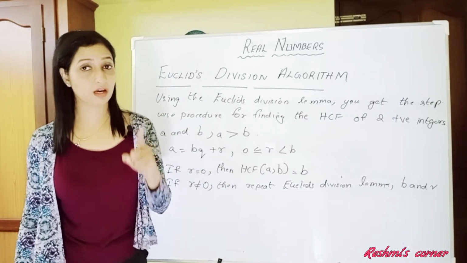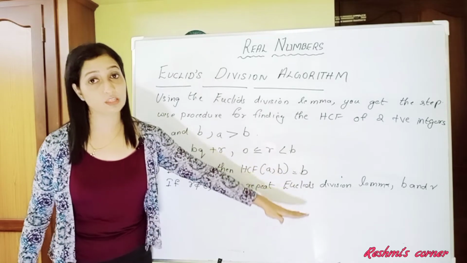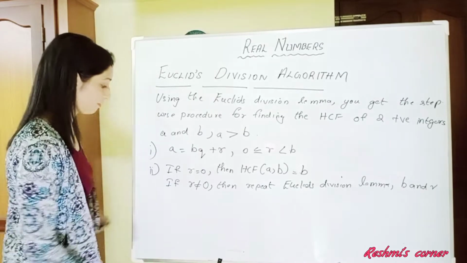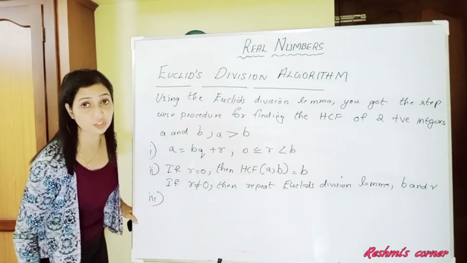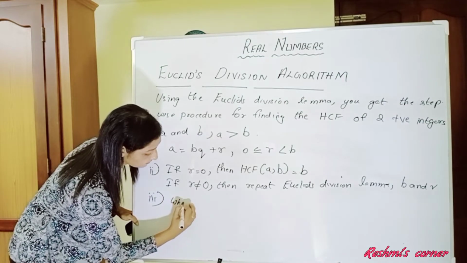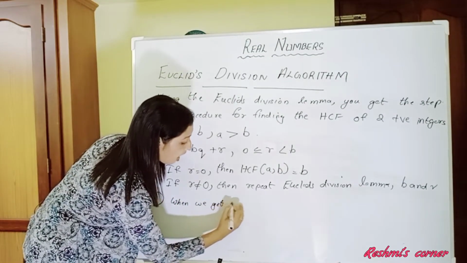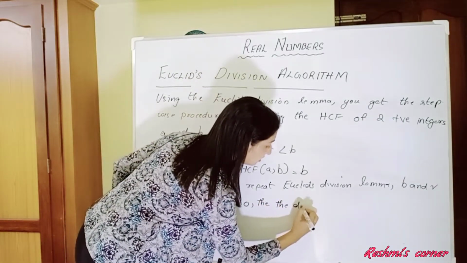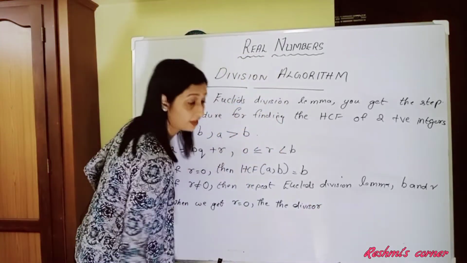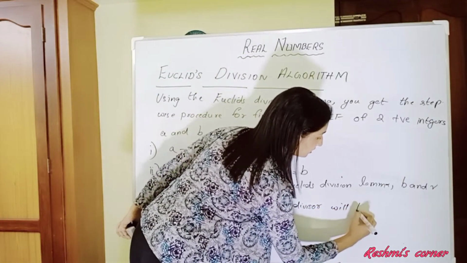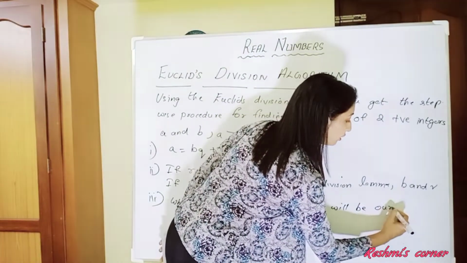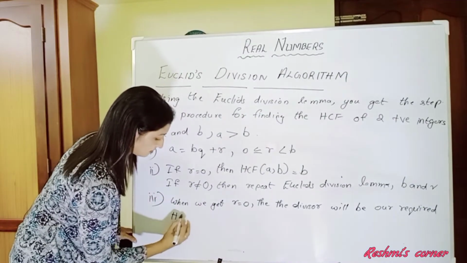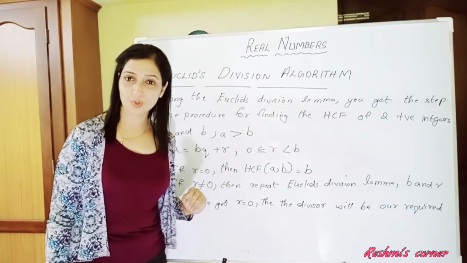And there comes a step when we get the remainder 0, and that divisor will be our required HCF. So that will become our third condition. That is, when we get R equals 0, then the divisor in that particular step will be our required HCF.